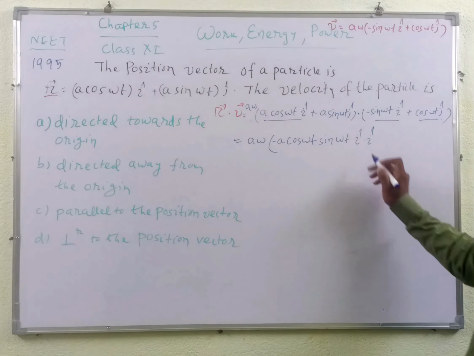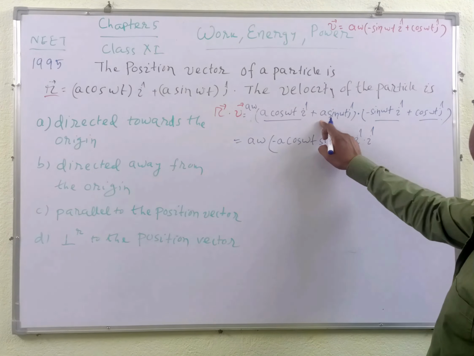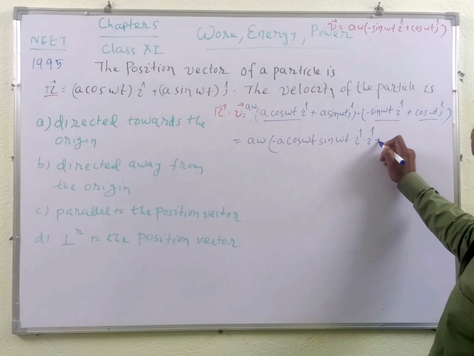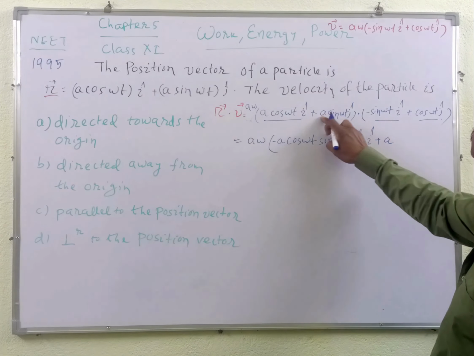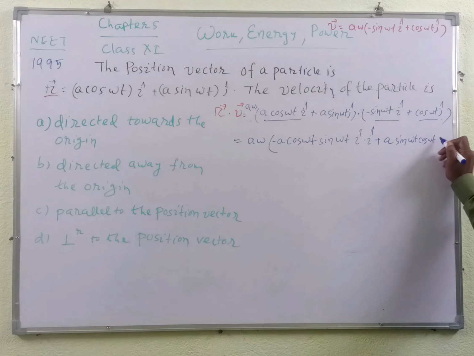Okay, student? And here this j term multiplied with this j term, this is plus and this is plus, this will be plus a sin omega t cos omega t, j cap dot j cap.